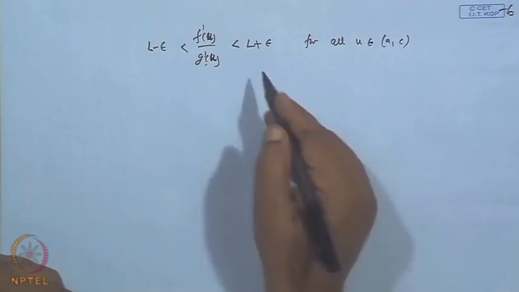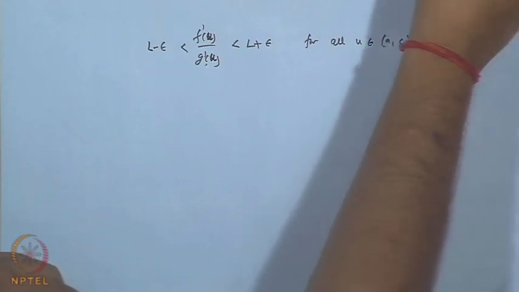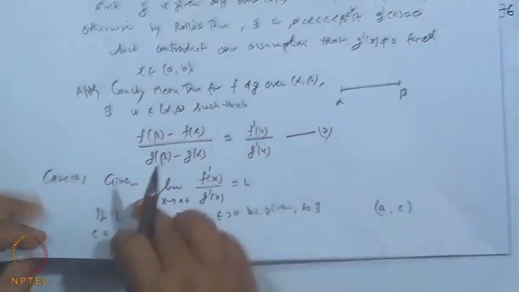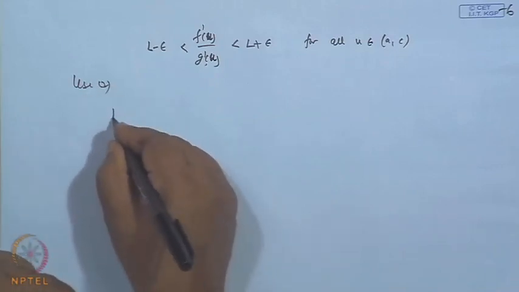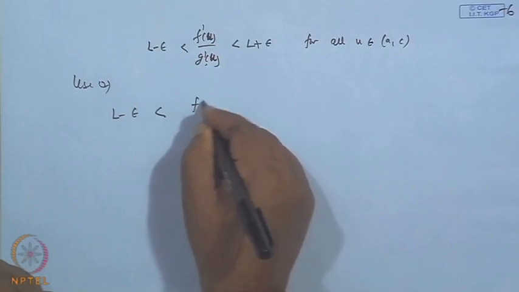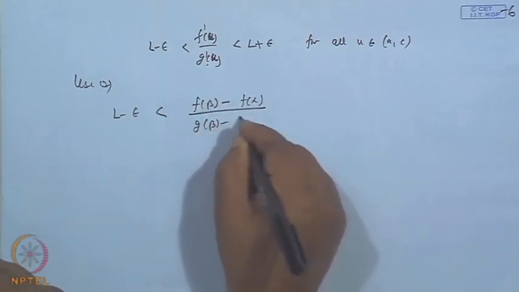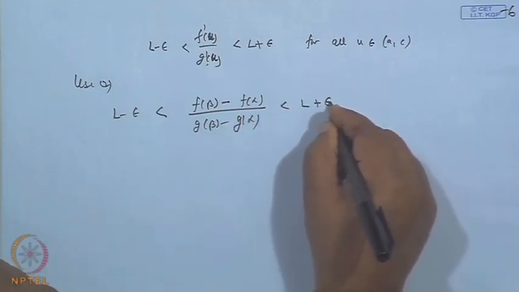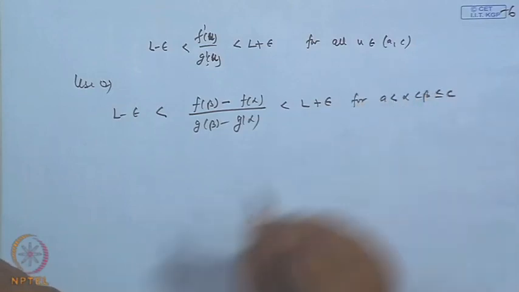But f prime u over g prime u we have already found from equation 2. So, substitute this value. Hence, from 2 we can say L minus epsilon is less than (f beta minus f alpha) over (g beta minus g alpha), which is less than L plus epsilon, for a less than alpha less than beta less than or equal to c.